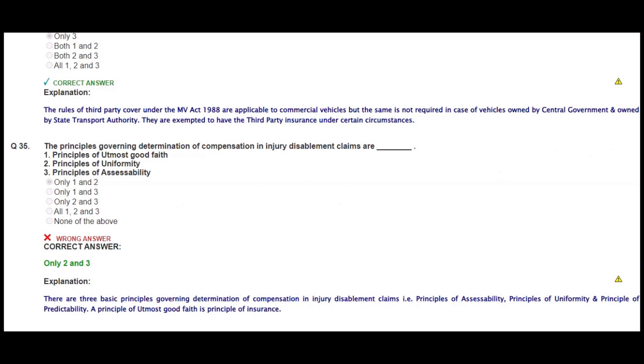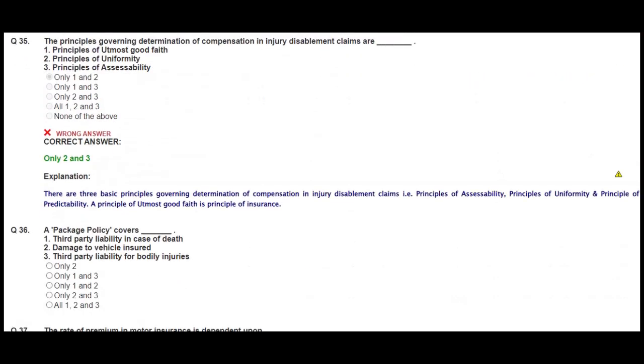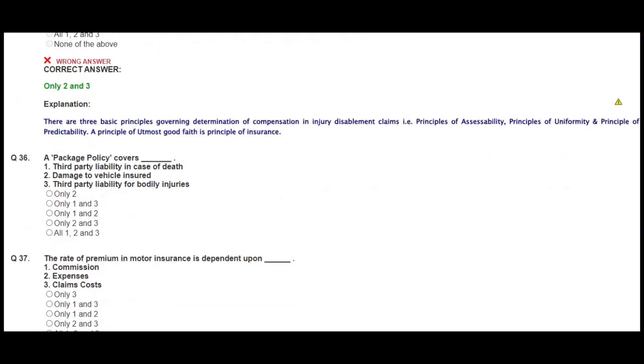The right answer is 2 and 3. There are 3 basic principles governing determination of compensation in injury disablement claims, that is, principle of admissibility, principle of uniformity, principle of desirability, and principle of utmost good faith.